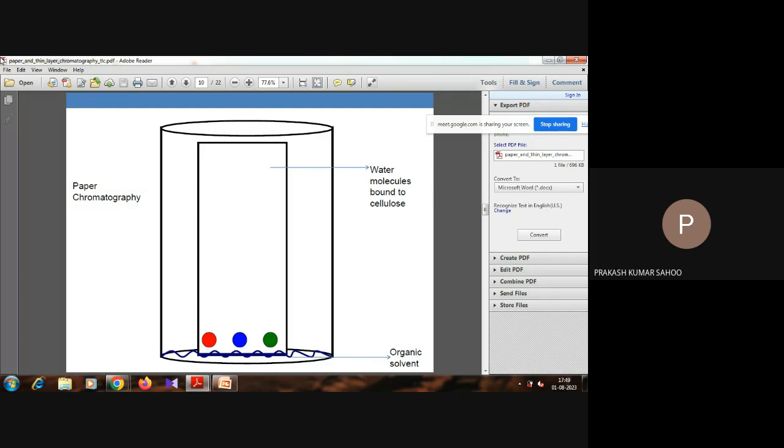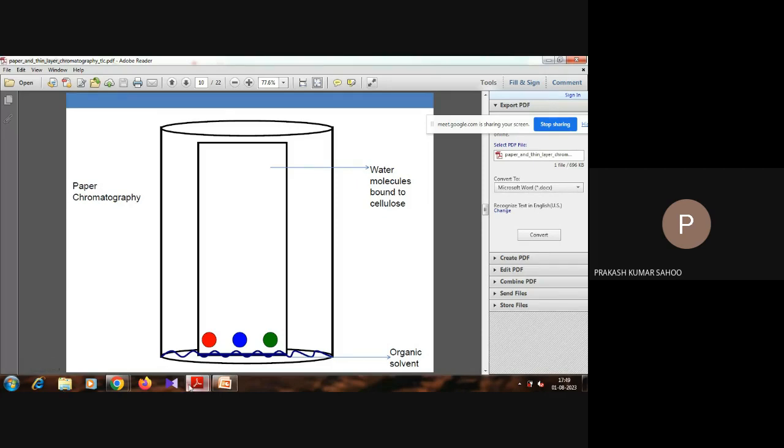Thus, the paper was considered the analog of a column containing a stationary aqueous phase. The solute molecule gets partitioned between this water and the mobile immiscible organic solvent, and in the latter part we will have the movement of the components depending upon their interaction with the stationary phase.